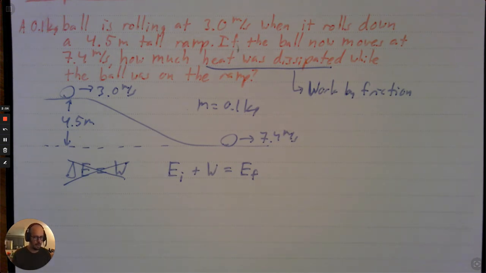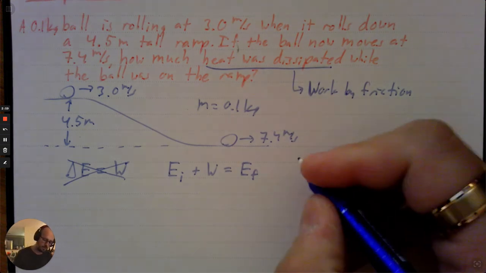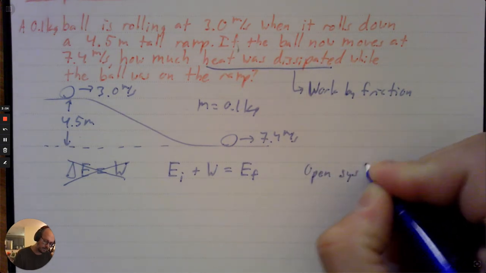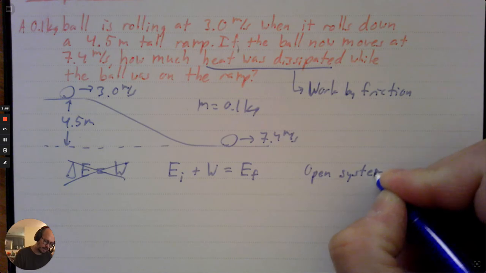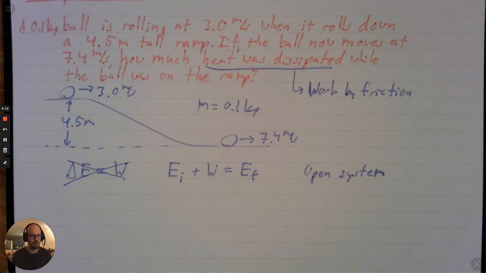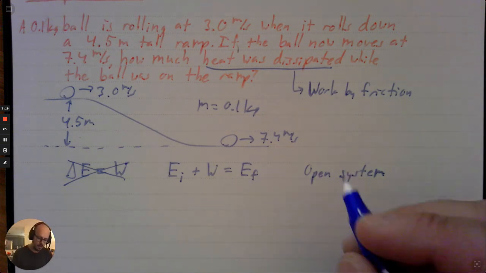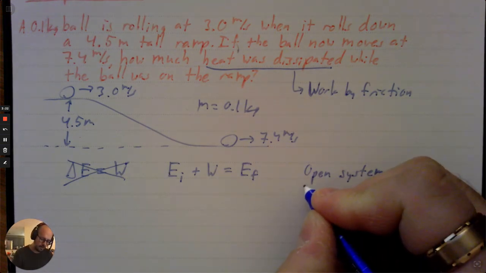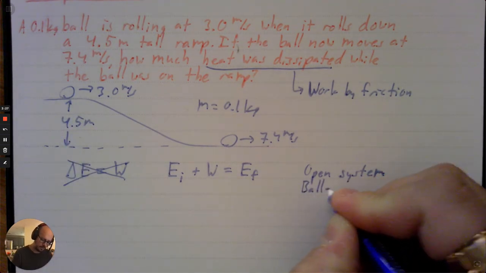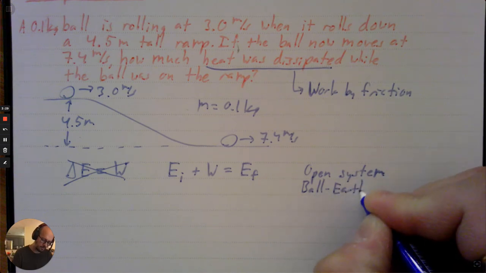When I analyze the problem, I'm going to have to infer some things. The first thing I'm going to infer is that in this problem, it's an open system. This one's kind of easy because it directly mentions dissipated heat, and that implies work, and whenever there's work done, you have an open system. There's going to be some external force on the object. The other thing I'm going to infer is that, because there's a ramp here, I'm going to consider the system as the ball-Earth system.